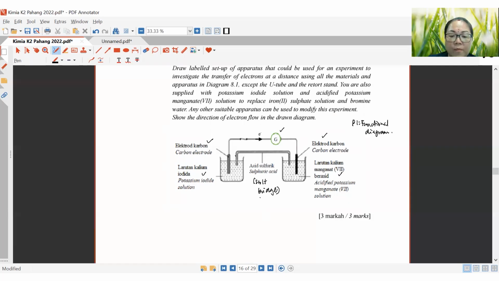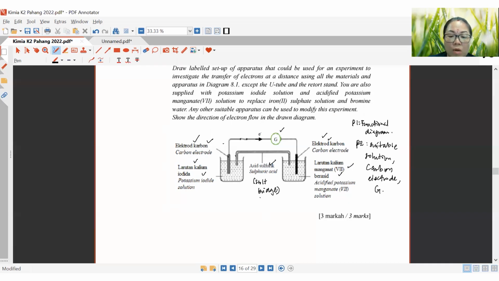For point 2, what we are looking for is labels of substances: carbon electrodes, and also sulfuric acid, carbon electrodes, suitable aqueous solution, and galvanometer.